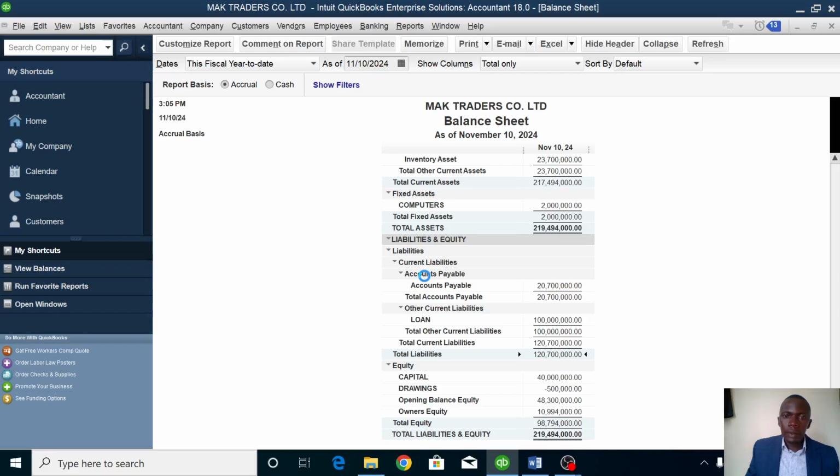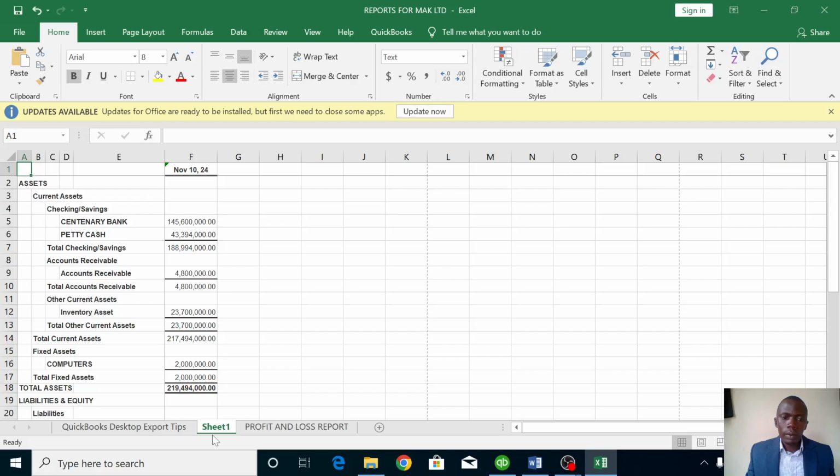We are waiting for our spreadsheet to load. Have to be patient. Now our report has loaded.